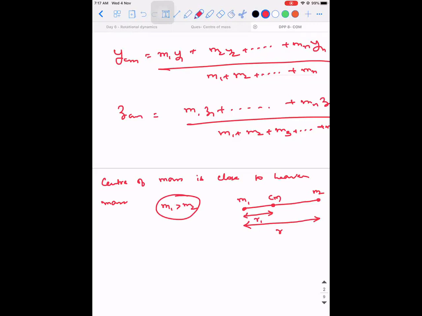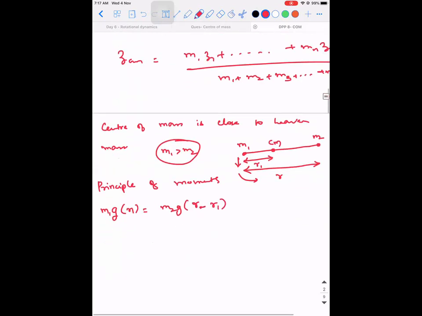If I use the concept of torque, that is the principle of moments, what can I conclude? Clockwise moments equal anticlockwise moments: M1g into R1 will be equal to M2g into R minus R1. g and g get cancelled.